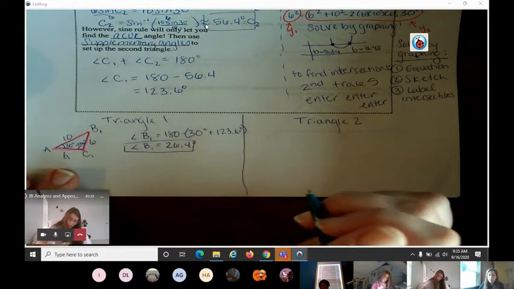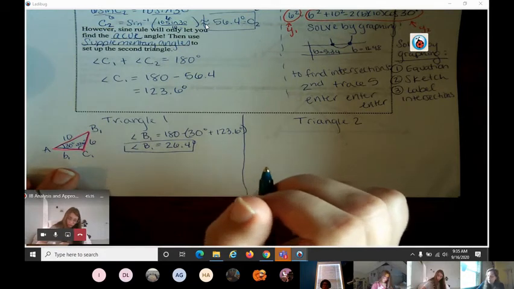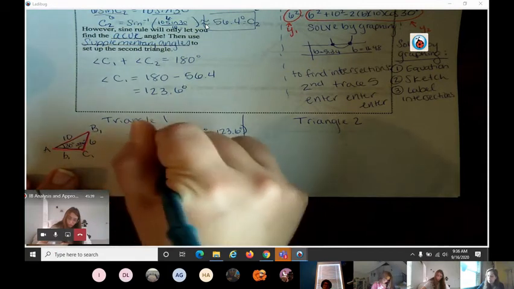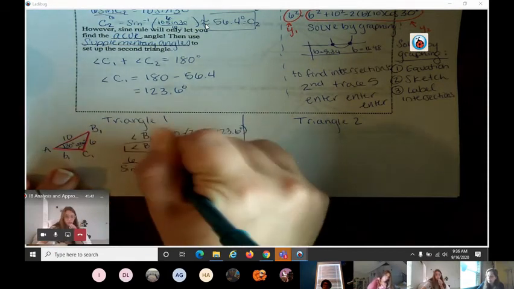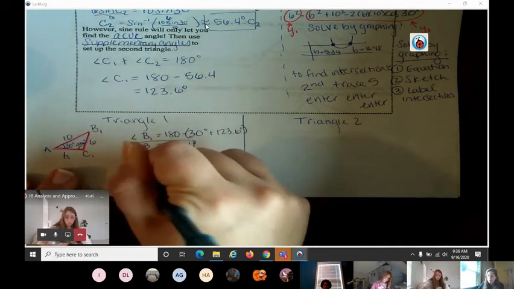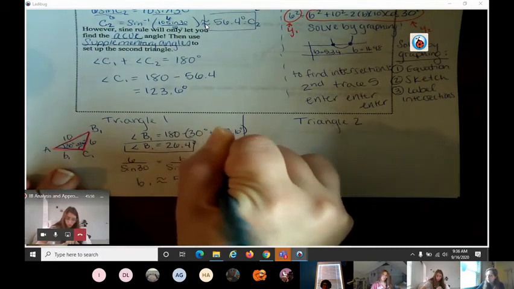Okay. And then I can solve for side B1 by doing 6 over sine 30 equals B1 over the sine of 26.4. And I get that little B1 is 5.34 centimeters, which is what I got up here.